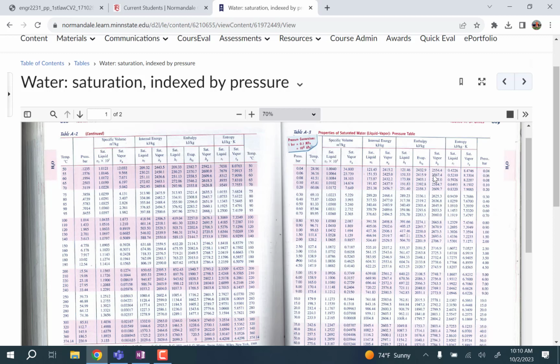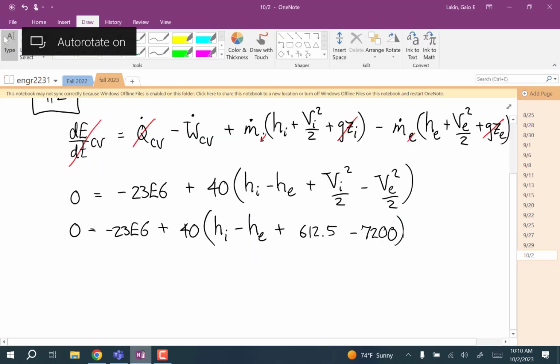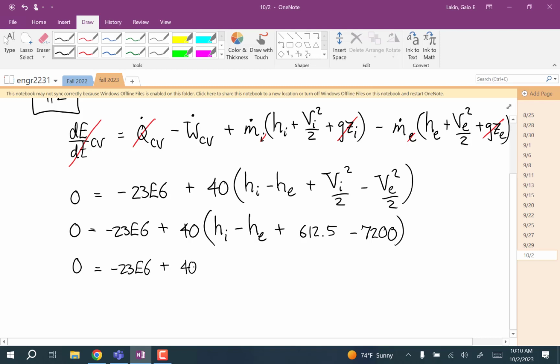So 2567.4 times 10 to the third. So minus 2567.4 times 10 to the third, plus 612.5, minus 7,200.